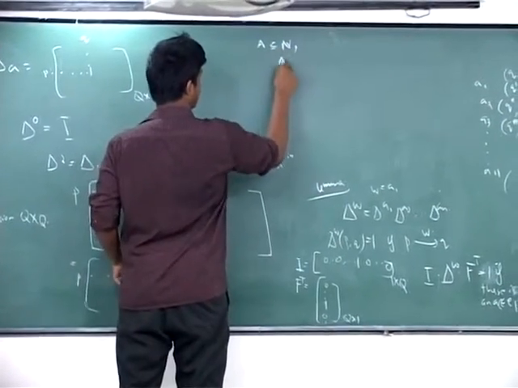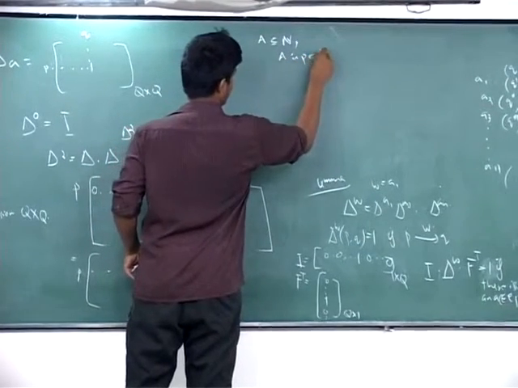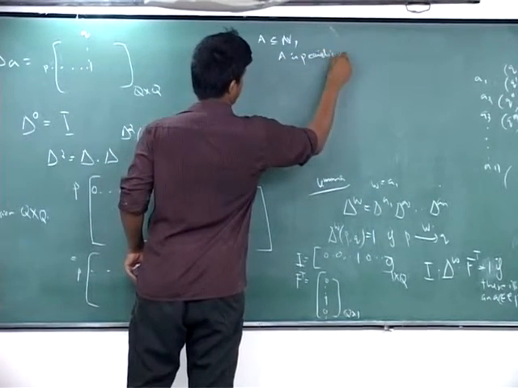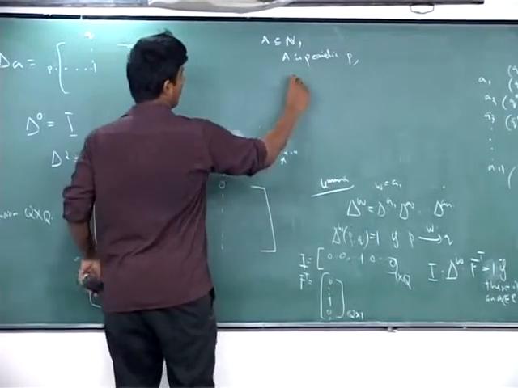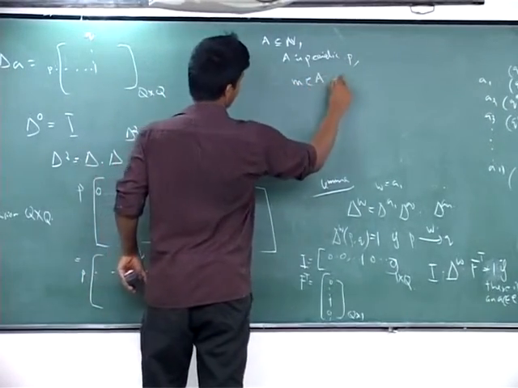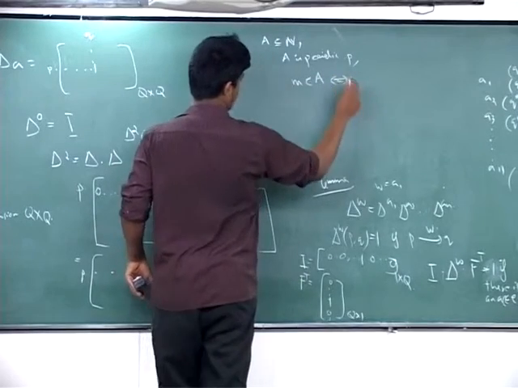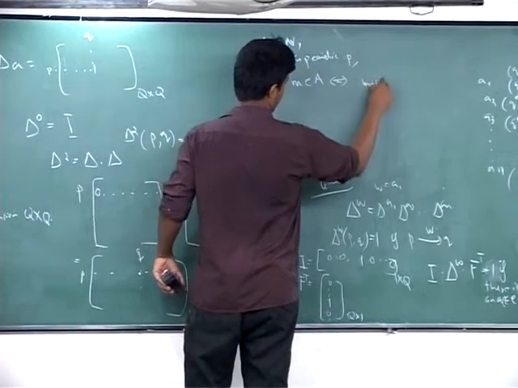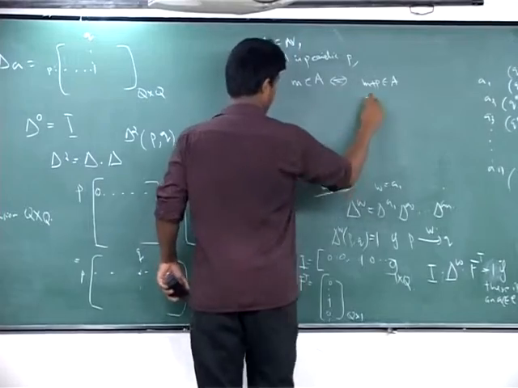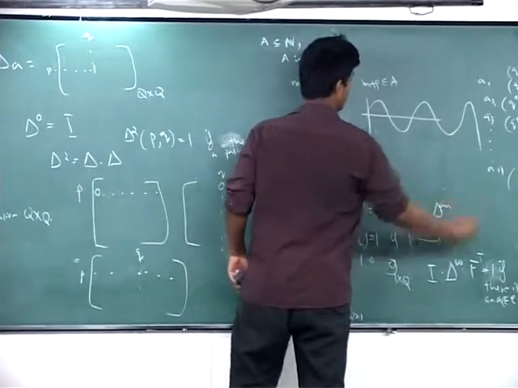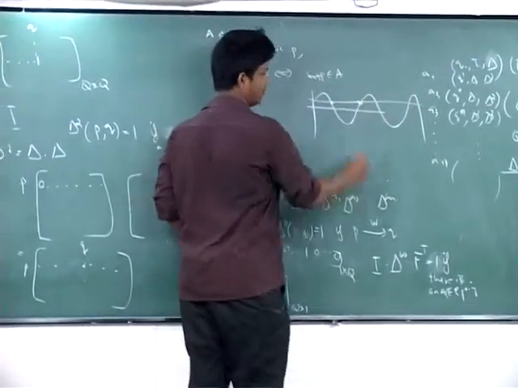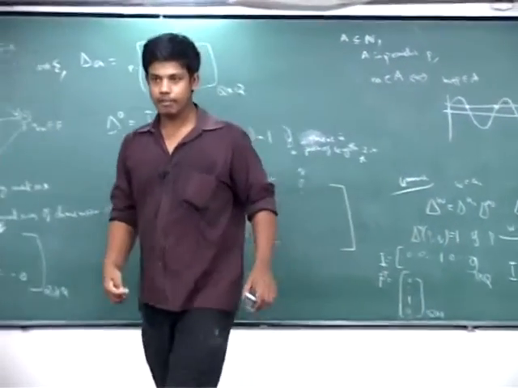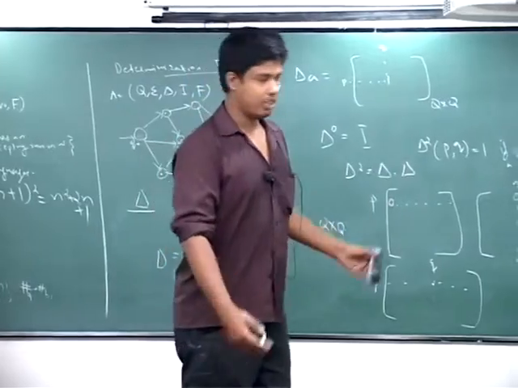You will say that A is periodic with period P when M is in A if and only if M plus P is in A, right? So this is a periodic set with period P.